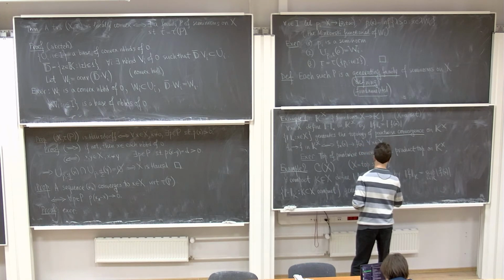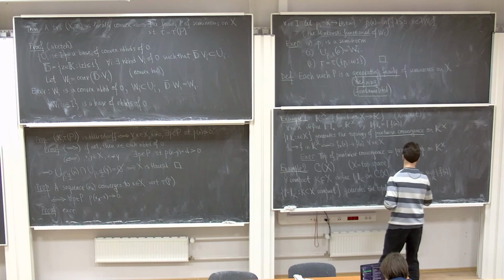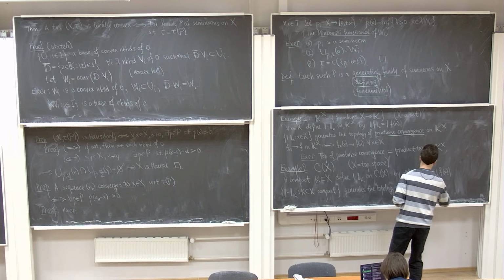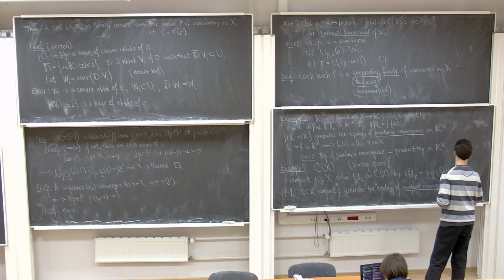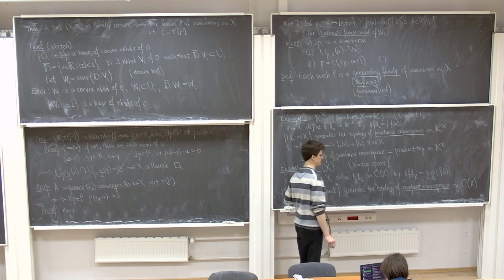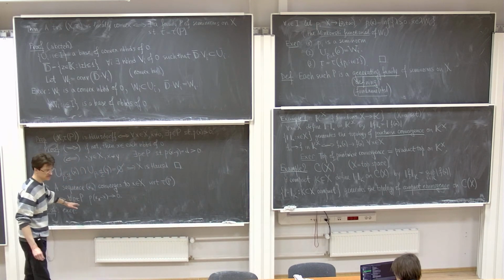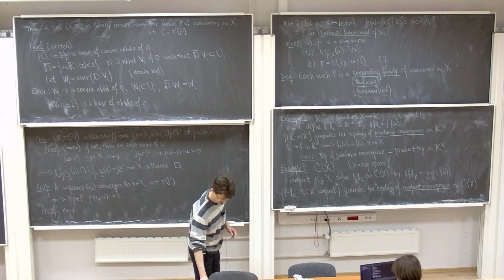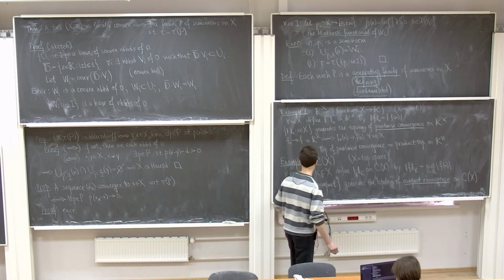The topology of compact convergence on C of X. Well, again, if we look at this proposition, we see that the convergence with respect to this topology is the uniform convergence on all compact sets.